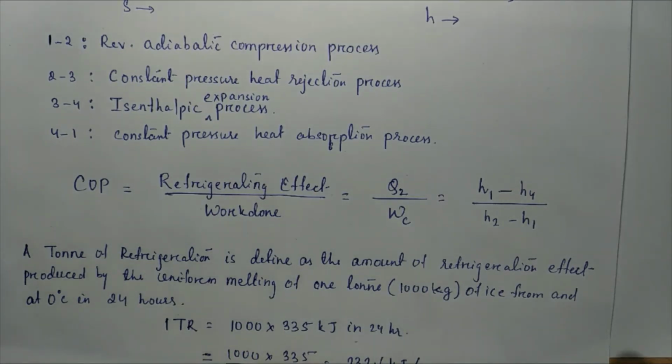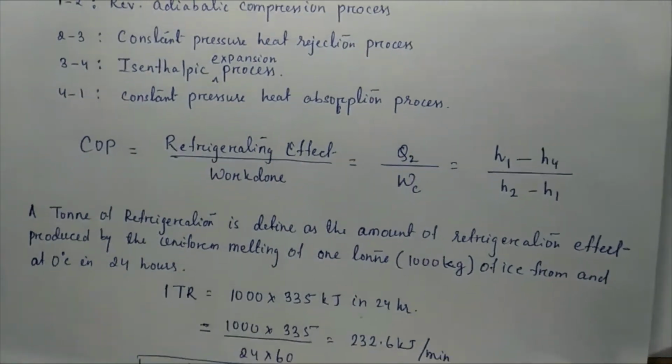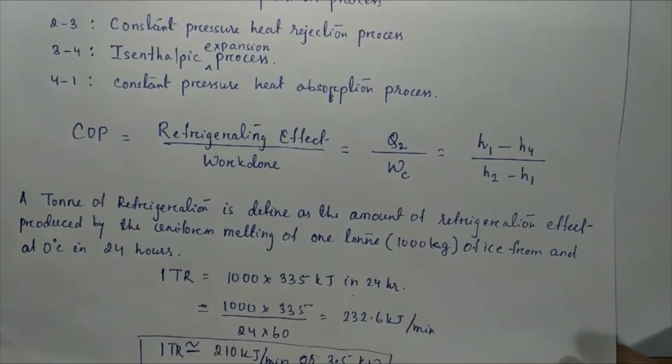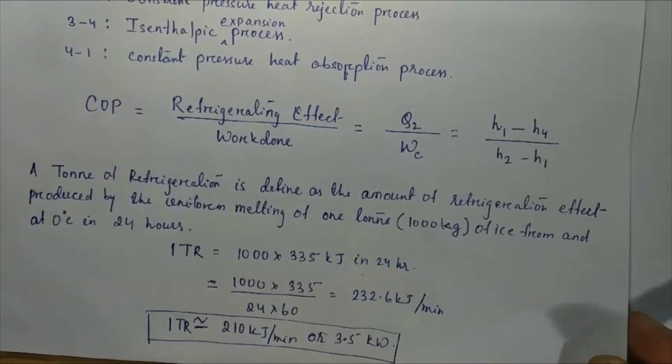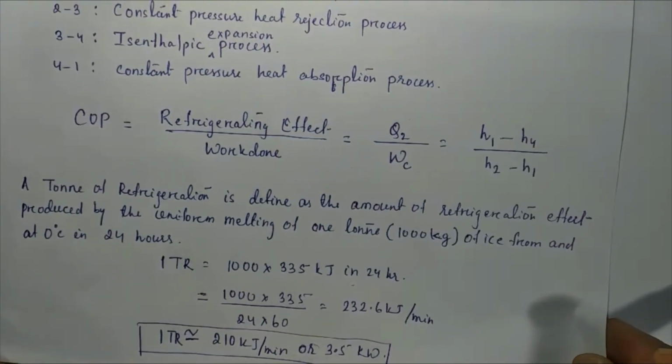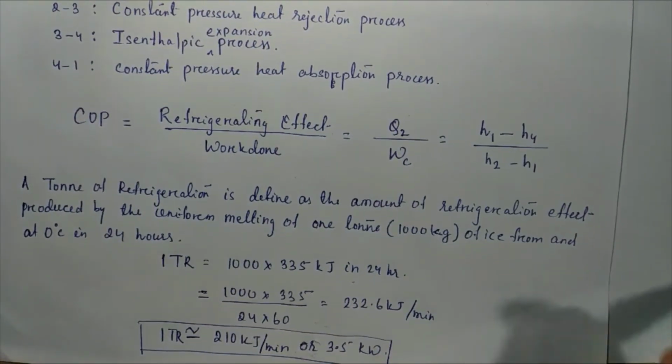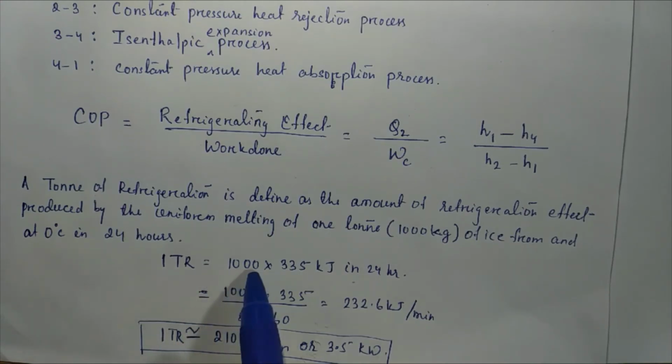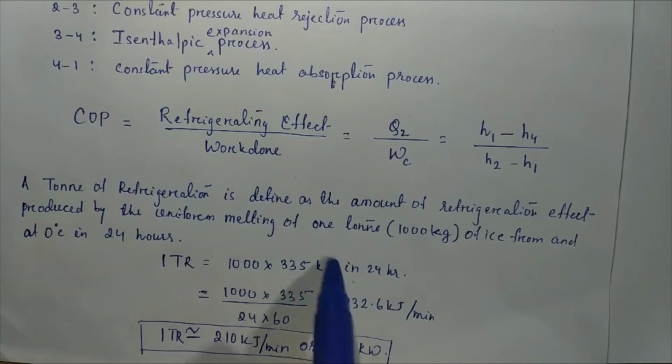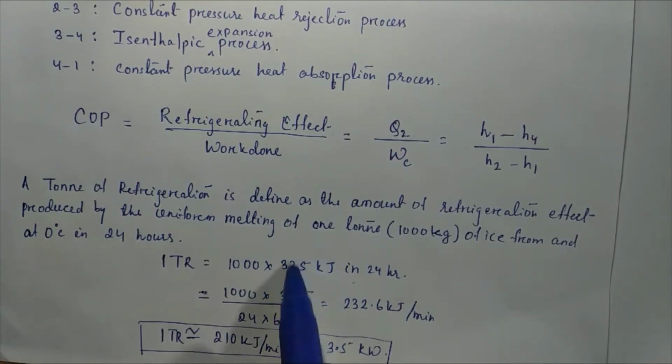So next we define the ton of refrigeration. A ton of refrigeration is defined as the amount of refrigeration effect produced by the uniform melting of 1 ton, that is 1000 kg, of ice from and at 0 degrees Celsius in 24 hours. So 1 TR equals 1000 into 335 kilojoules, the latent heat of fusion of ice, divided by 24 into 60.